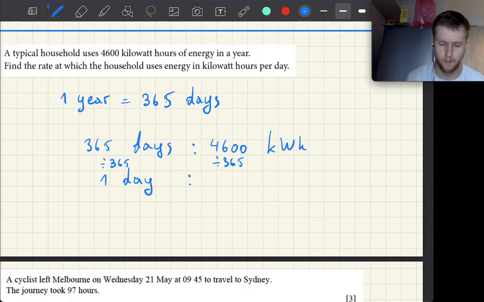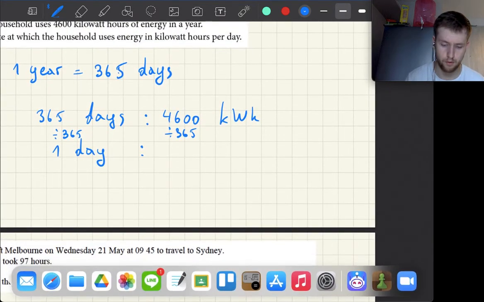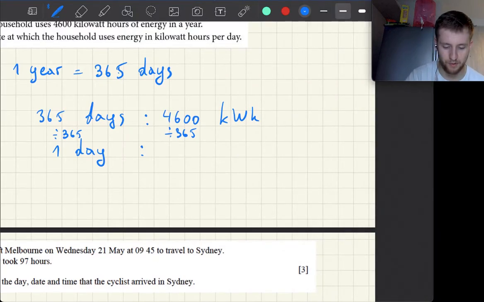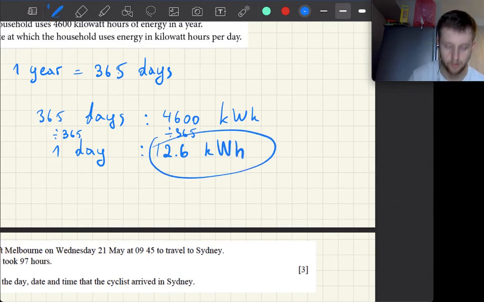So wait, that's too little. Did I type something wrong? Oh yes, 4,600. Careful about that. So 12.6, that looks more like a proper answer. So 12.6 kilowatt hours per day. This should be your answer. So that's how much we consume per day.